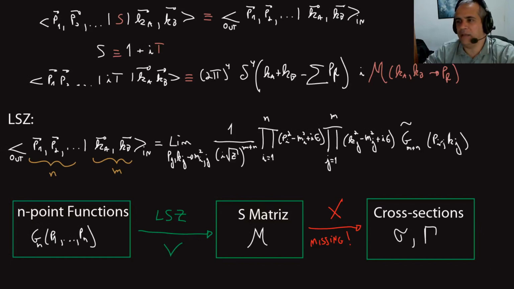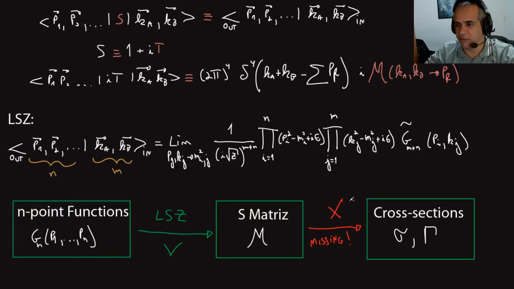Then I told you that this Green function will have propagators. That means the point where every momentum is on shell is very singular, because you have a propagator that has a singularity exactly on that point, right? So the 4 propagators will be at their most singular point. The residue of that pole is the S matrix element. So that gave us a way of going from the Green functions to the S matrix.